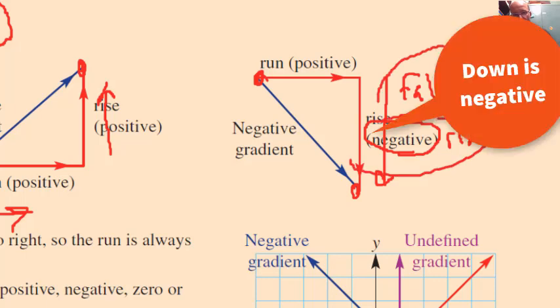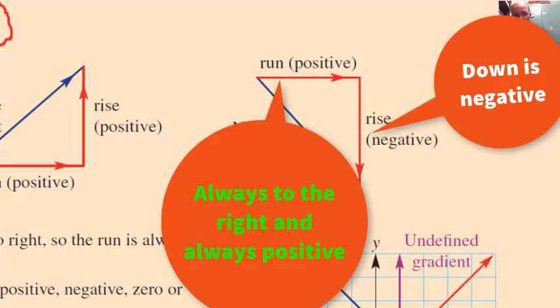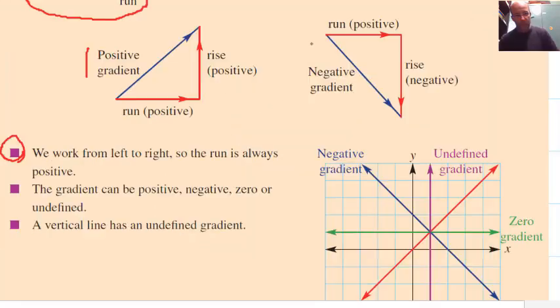Negative rise or fall mean the same thing. As I said, we always work from left to right, and the run is always positive. The gradient can be positive or negative, so positive there, negative there is the blue line we're talking about.